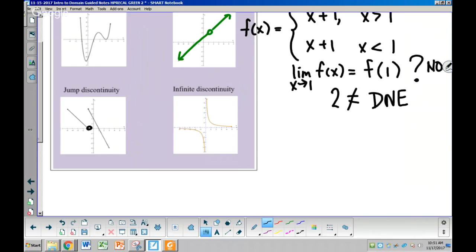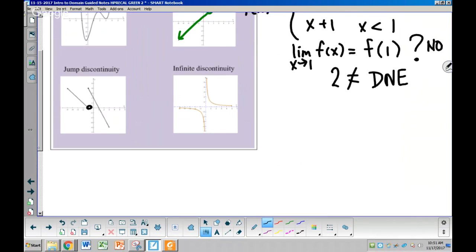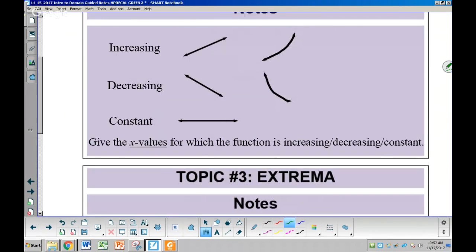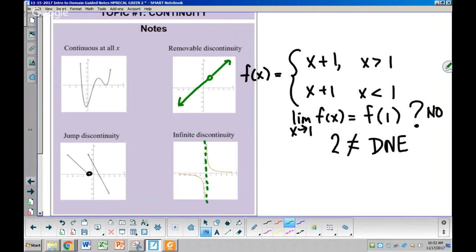On the jump discontinuity, what happens on the left and the right? The y's are dramatically different. Infinite discontinuity means you're approaching some kind of infinity on the left or the right of the vertical asymptote. You guys are familiar with these? Is it just like reaching an asymptote? Yes.